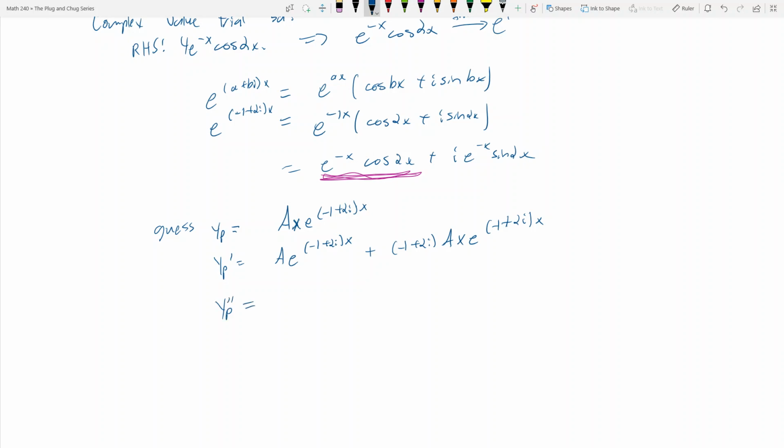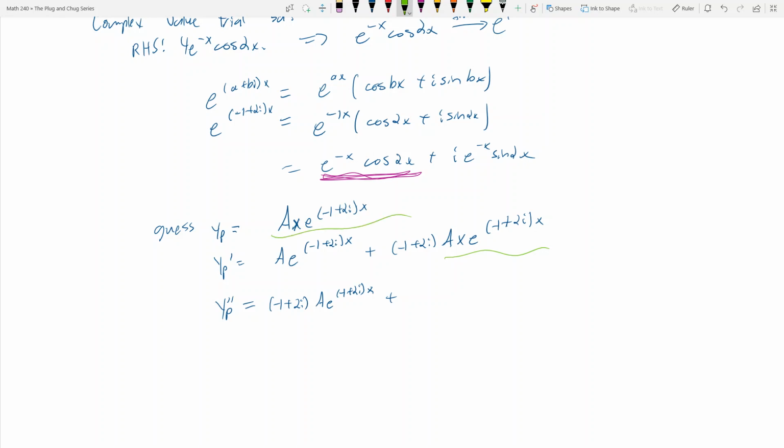And now we take another derivative. So we take the derivative of this guy first, which then we just drop (-1 + 2i) down. And so now we got this. We just bring down the (-1 + 2i) because that's how we take derivatives of e to the something. And now, all right, this guy over here, what is it? Well, we know what the derivative of this guy was, right? We know what the derivative of a x e to the (-1 + 2i)x was. It's right here.